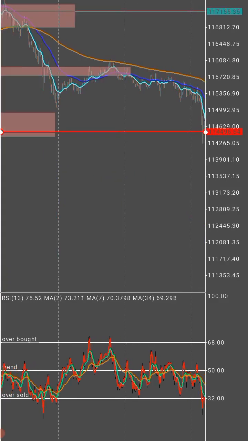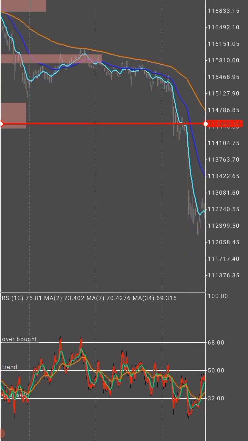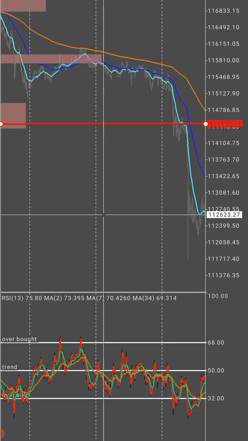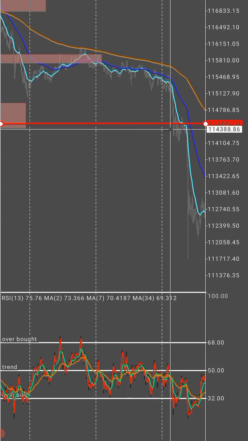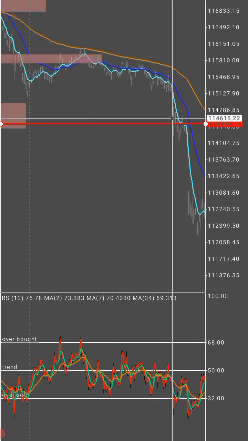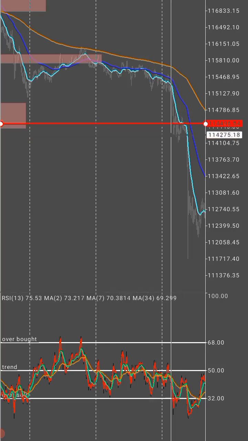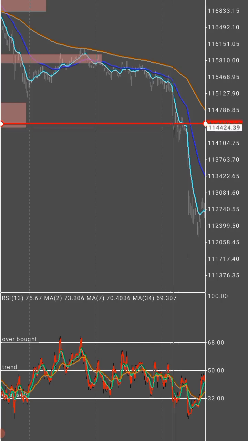Once price reaches the previous support, it's a clear sign to you that institutions are still interested. In fact, look at it. That's even the point at which there was a consolidation. Look at it well, there was a consolidation here.